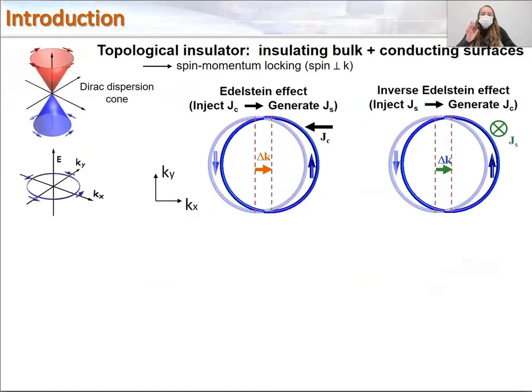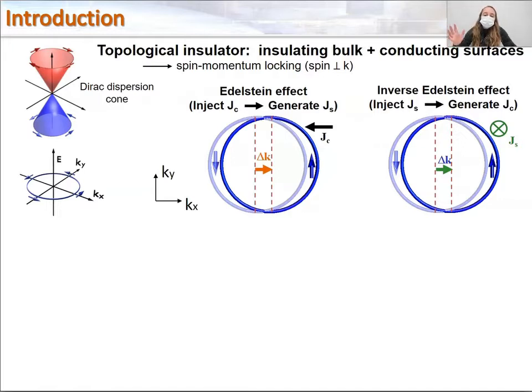So, over the past few years, three-dimensional topological insulators have attracted an increasing attention in the field of material science, with their insulating bulk and conductive surface. The surface states are characterized by a large spin-orbit coupling leading to spin-momentum locking, the spin being locked perpendicularly to the electron momentum.